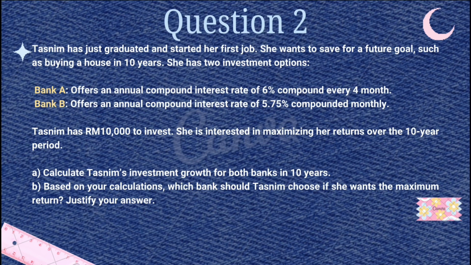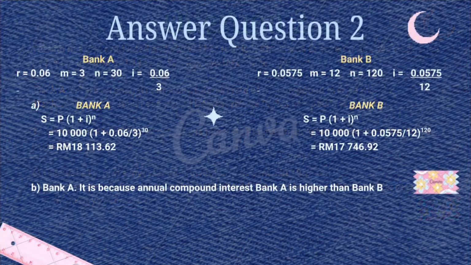For question A, calculate Tasnim's investment growth for both banks in 10 years. For question B, based on your calculation, which bank should Tasnim choose if she wants the maximum return? Justify your answer. This is the answer for question 2. For A, Bank A has given information such as R equals 0.06, M equals 3, N equals 30, I equals 0.06 per 3.